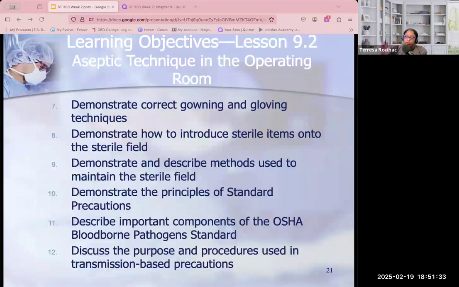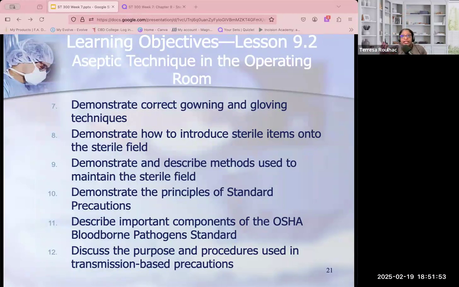Okay, so we broke it down. Here's where we get into the videos, where now you'll be able to get that visualization on gowning and gloving. There's times where you're going to gown and glove yourself. You're going to gown and glove other members of the team.